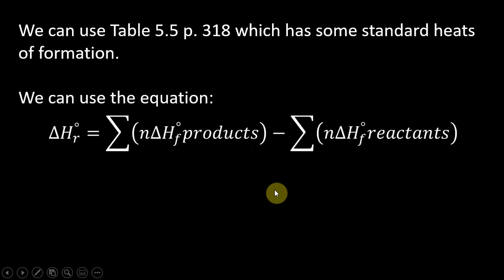All right, this equation is essentially Hess's law set up specifically for this type of purpose. And the way this is written out is that the standard heat of reaction is the sum of the enthalpies of formation of all the products, multiplied by, obviously, their respective number of moles, minus the summation of the heats of formation of all the reactants.